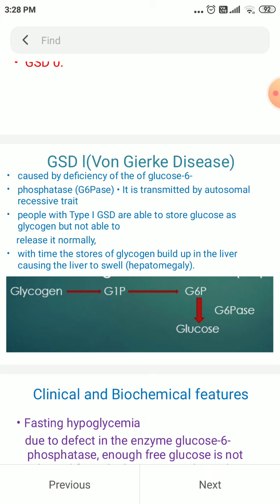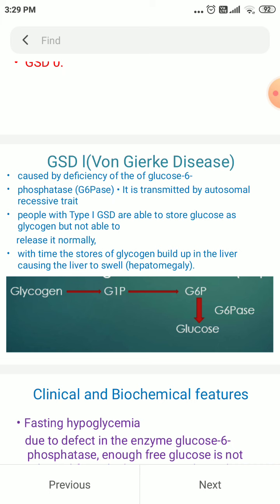With time, the glycogen stores build up in the liver, resulting in the liver swelling up, which is called hepatomegaly. What I have shown in this slide: glycogen undergoes degradation to form glucose 1-phosphate, which is converted by the mutase reaction to glucose 6-phosphate.